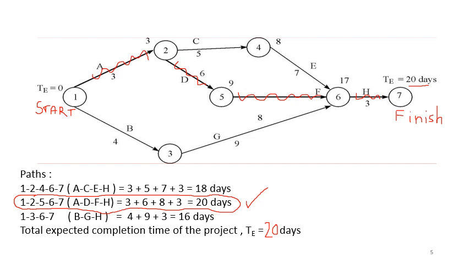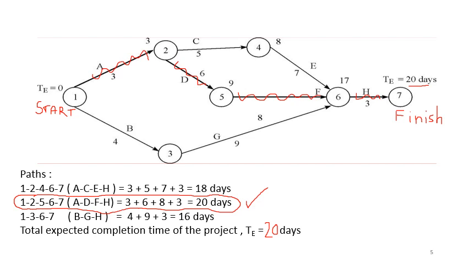So here, this is one method, the maximum path method, and the second method which we are going to study now is the earliest start and latest start method. So there is another method of finding out the critical path, and this is one method. This is a shortcut method.